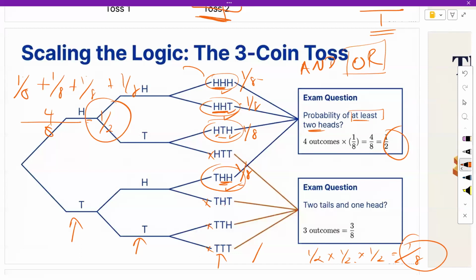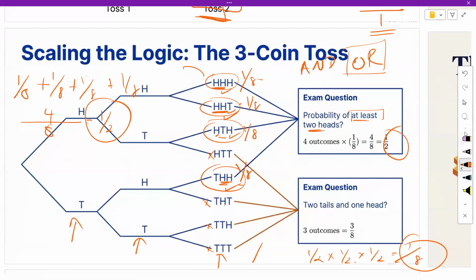So my dear students, I will ask one question. I win only if I get exactly 3 heads. I will win the game if I get exactly 3 heads. What is my winning chance? 1 over 8.